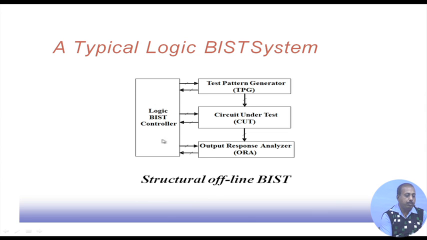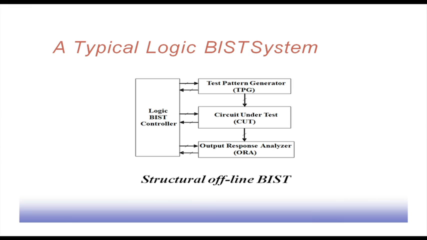There is a logic BIST controller which will tell the system when to start testing, and maybe when it needs to stop, or there may be some other controls that are needed. We will see these when we go to the different types of BIST. Some other controls may be necessary, which are provided by the logic BIST controller. So, this is a typical structure of a BIST system.